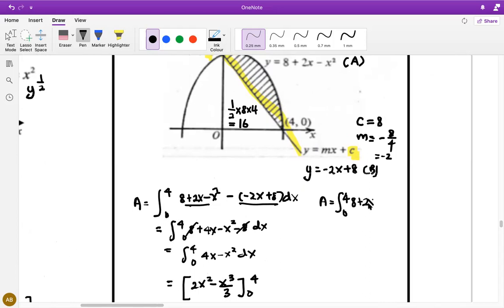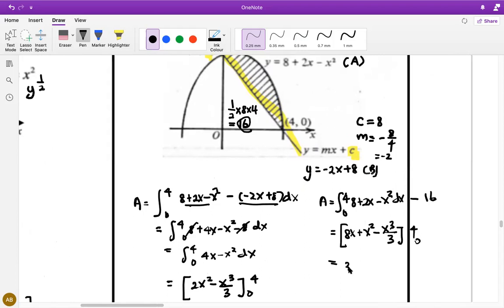You can use the other way, that is, I use this from 0 to 4. I only do this part, and then I minus 16. That's 16 here. Okay, so we see whether the answer is correct or not. So we integrate, you get 8x plus x squared minus x cubed over 3 from 4 to 0.